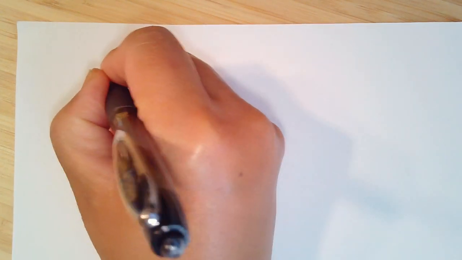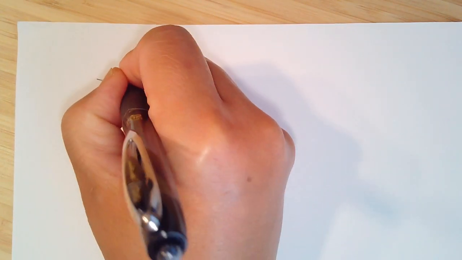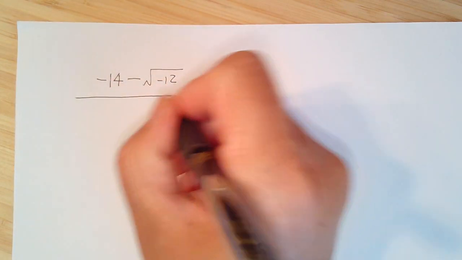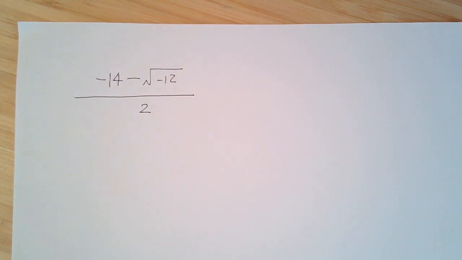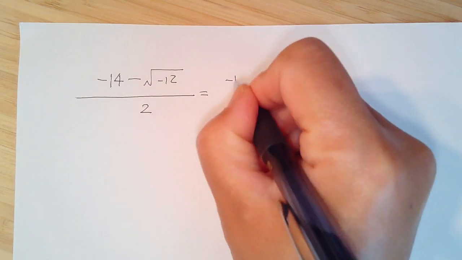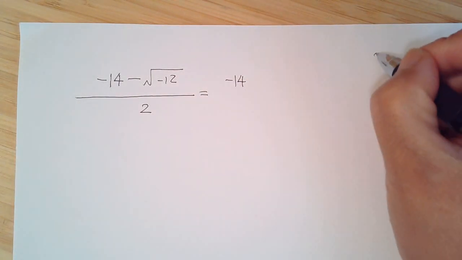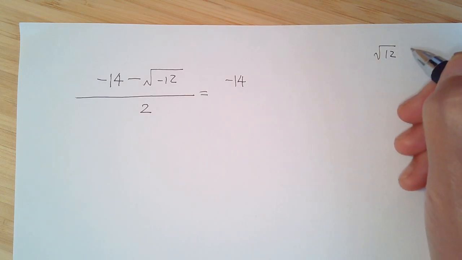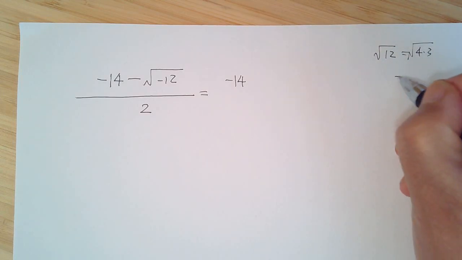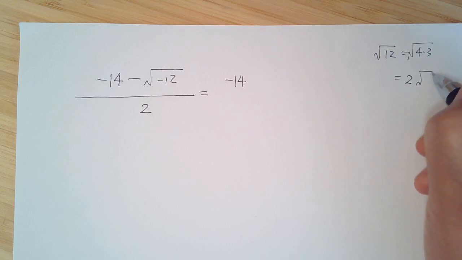And the last example is this. Write the result. So I'm going to get negative 14 plus negative square root of that, over 2. Can you do this? So I get a negative 14 for root 12. That is 4 times 3, and the 4 is a complete square, goes out, and that's this.